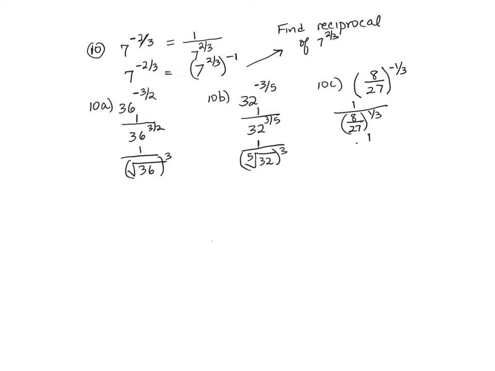And this one is 1 over the cubed root of 8 over 27. Now let's compute. This one is 1 over 6 cubed, which gives me 1 over 216. This is 1 over 2 cubed, and that gives us 1/8. And this one gives us 1 over 2/3, which when we go through the division gives us 3 halves. And there are the answers.